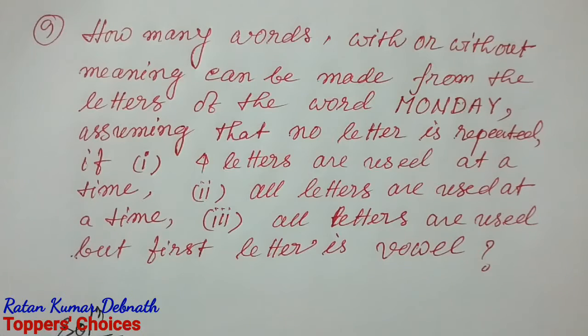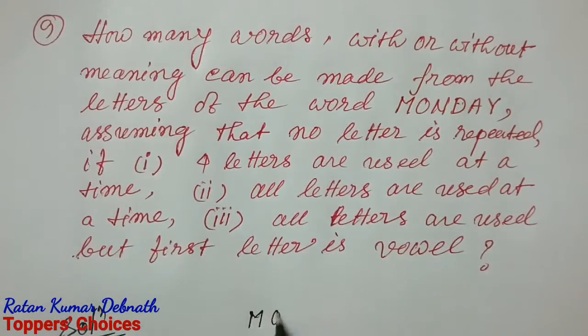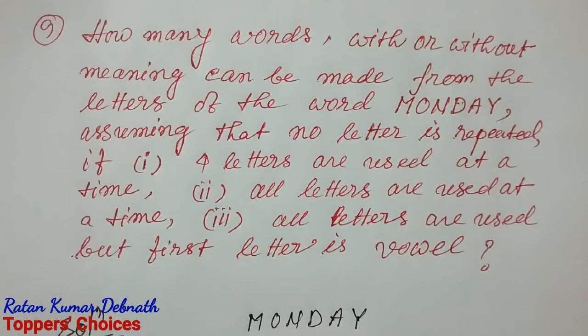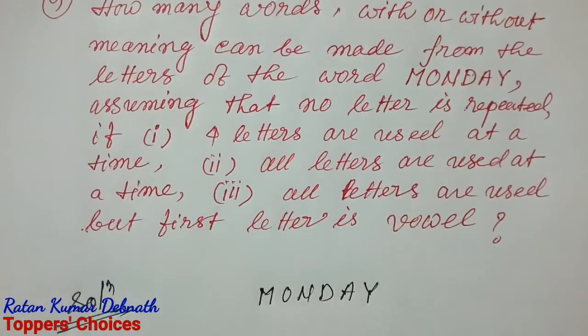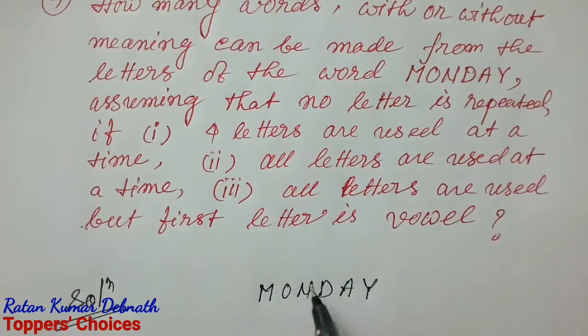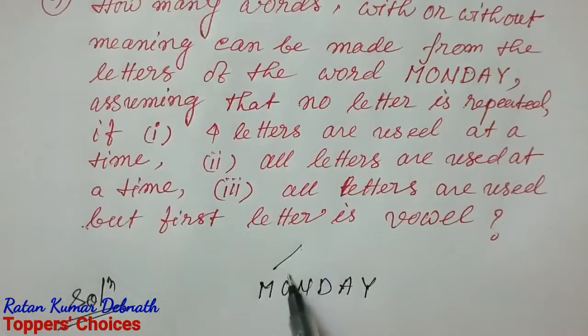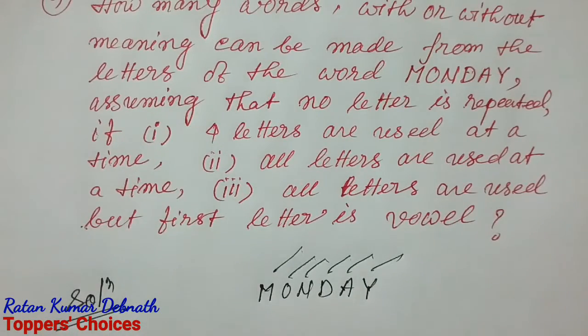In the first case, we have to arrange the letters of MONDAY taking 4 letters at a time, and there is no other restriction, and we observe that all the letters are distinct. There are 6 letters, and all the letters are distinct.